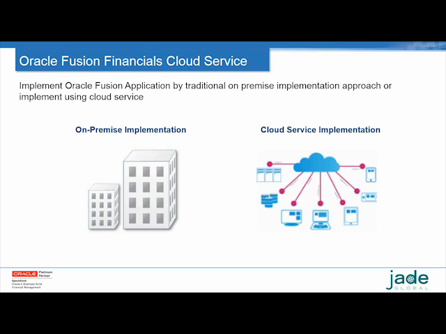With Fusion Financial Cloud Service, you can implement this application by the traditional on-premise implementation approach, or you can implement using a cloud service environment. The pictures here show that your environment is implemented on-premise, which is a dedicated server at your place, or you can sign up with Oracle to implement in a cloud environment.